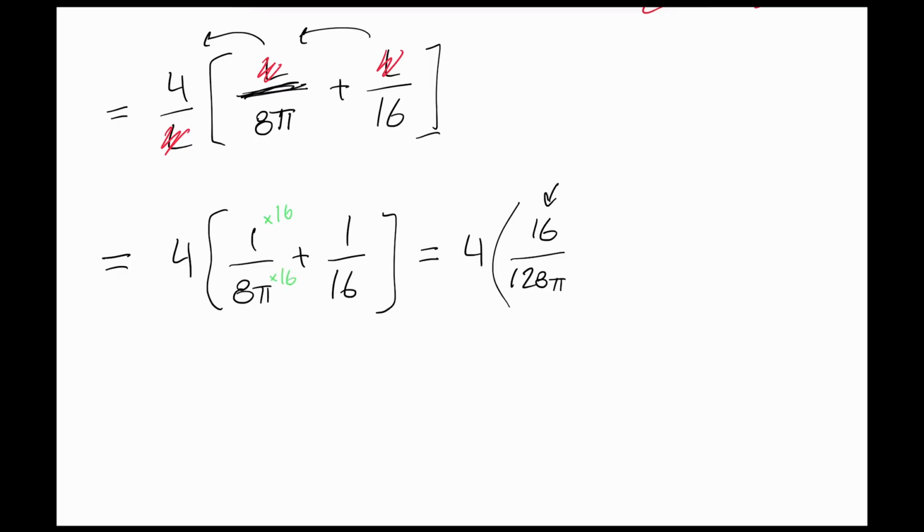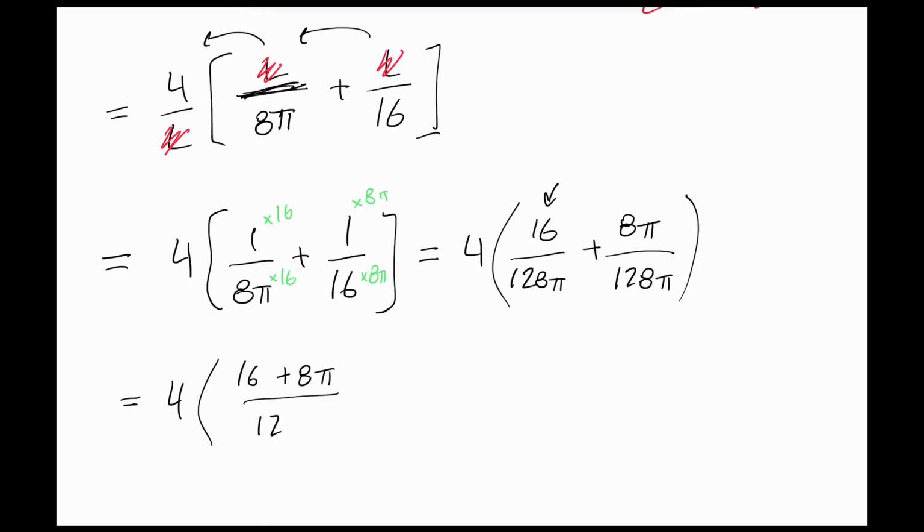That gives me this 16 on the top. 8 times 16, 128 times pi is 128 pi. Plus, now I multiply by 8 pi here, times 8 pi, times 8 pi. Now here I get 128 pi again. So what that gives me is 4 times, on the top, 16 plus 8 pi over 128 pi.